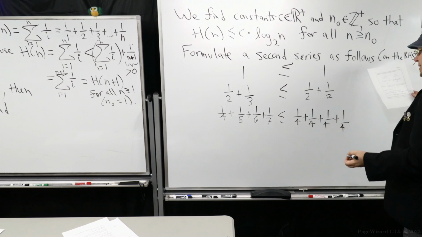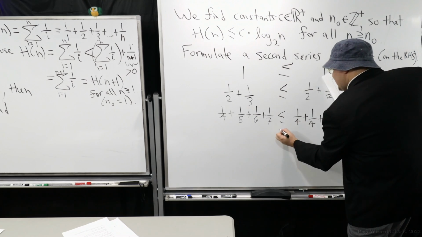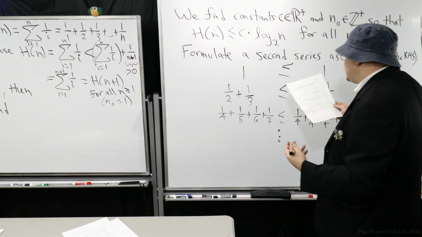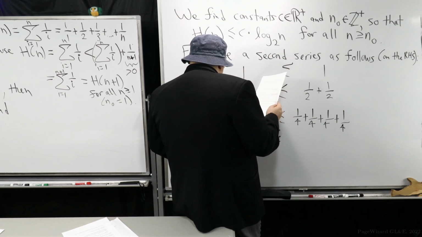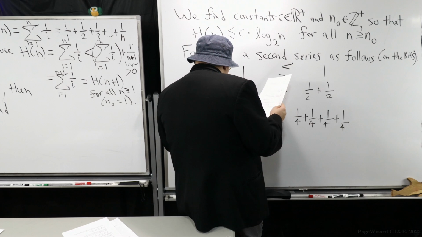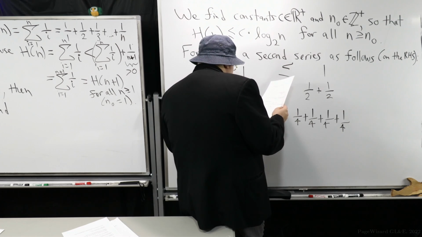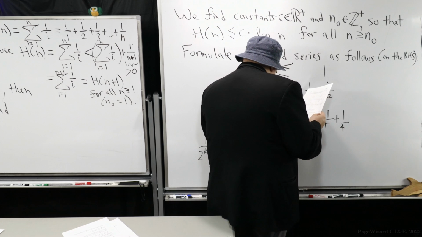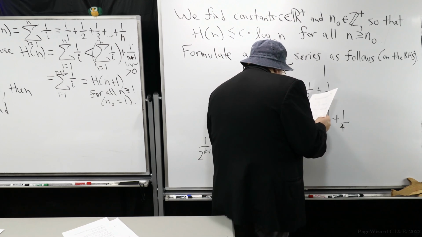So I have 4 1/4. And you can keep doing this for each successive power of 2. So you'll have 1 over 2 to the power of k minus 1, plus 1 over 2 to the power of k minus 1 plus 1, plus all the way up to 1 over 2 to the power of k minus 1.